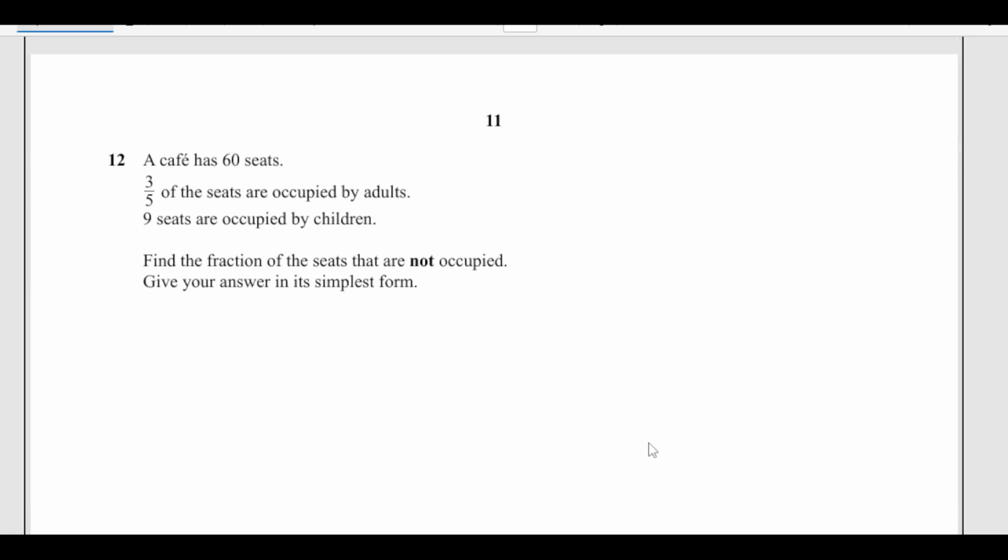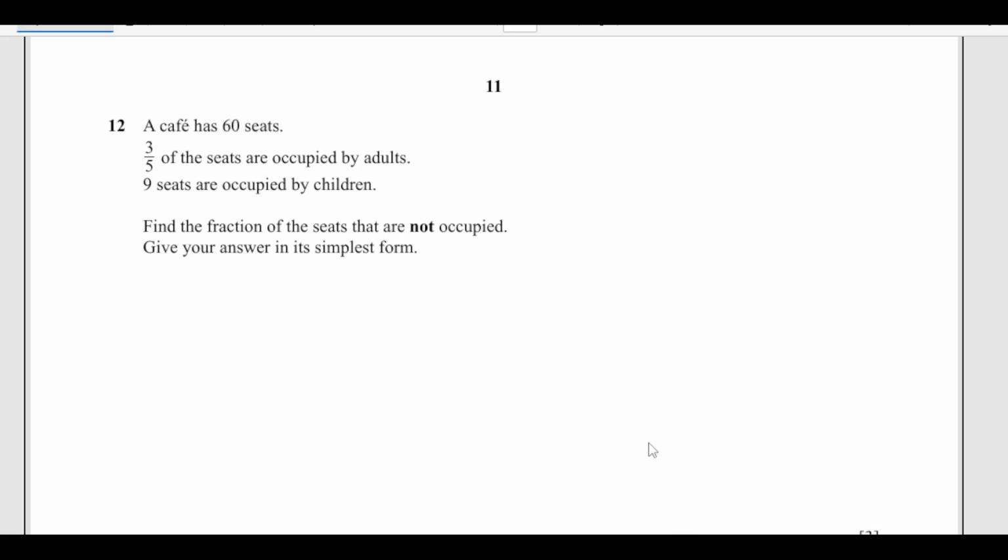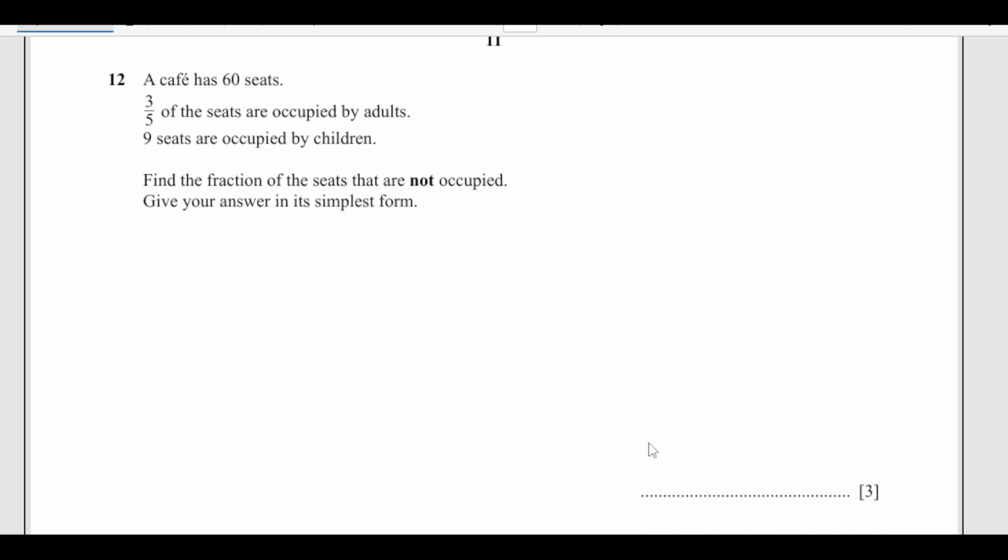Number 12, a cafe has 60 seats, 3 by 5 of the seats are occupied by adults, right? 9 seats are occupied by children. Find the fraction of the seats that are not occupied. Give your answer in its simplest form. So adults are taking how many seats? 3 by 5 of 60, which is 36, 12 times 3, 36.